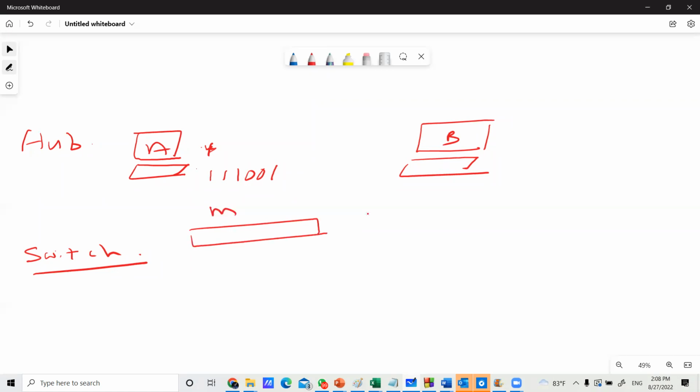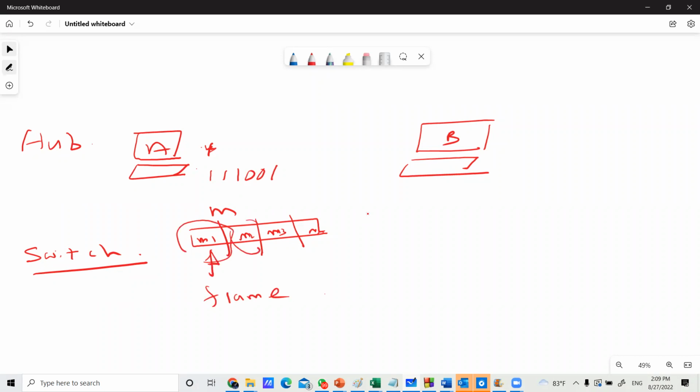Before sending it, what the station is doing is breaking down this message into small parts like M1, M2, M3, M4, like that. Then each segment is called a frame or packet. Right? Then first send the M1 frame, after that M2, after that M3.